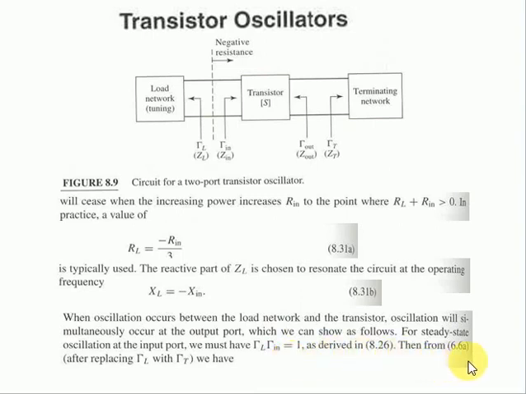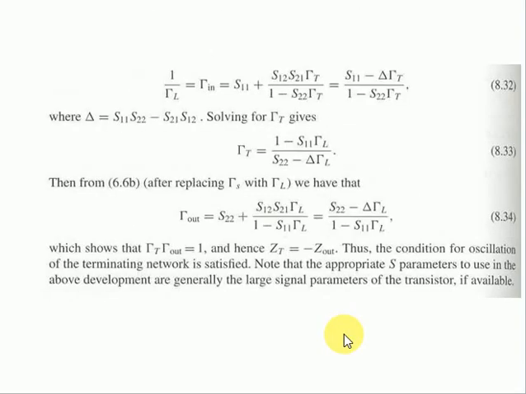Then from this, 1 upon gamma L is equal to gamma in, which is equal to S11 plus S12 S21 gamma T upon 1 minus S22 gamma T, which is equal to S11 minus del gamma T upon 1 minus S22 gamma T. Equation number 8.32, where del is equal to S11 S22 minus S21 S12.